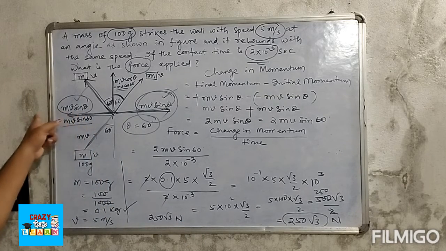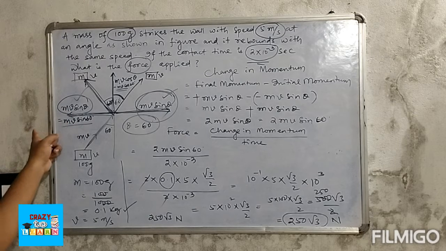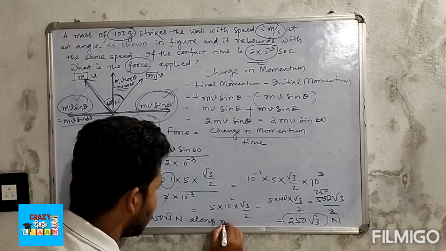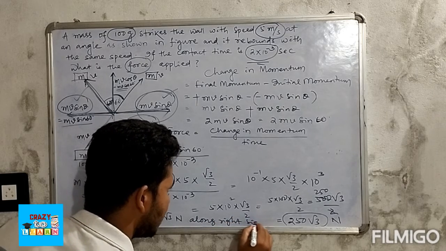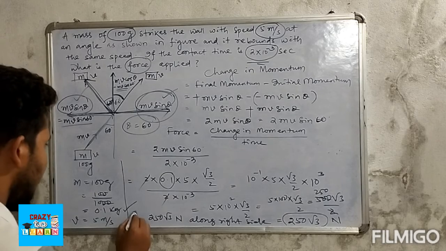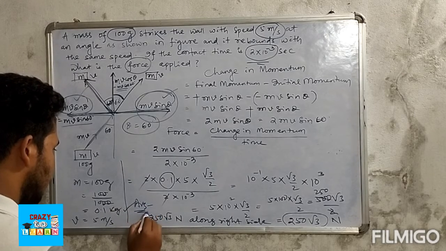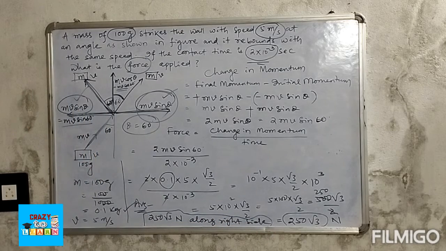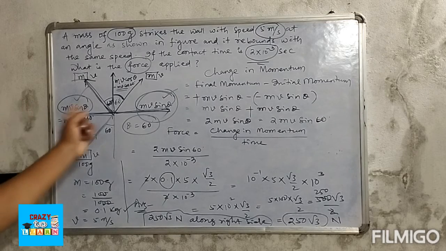The final momentum is along the right side direction. So the answer is 250 root 3 Newton along the right side direction. This is your final answer, as the final is along the right side direction and the initial is in the left side direction.